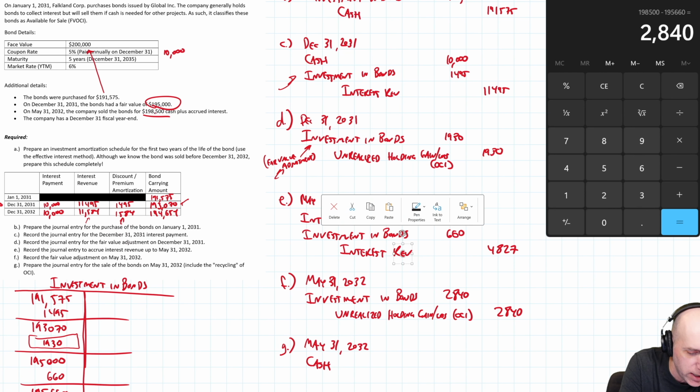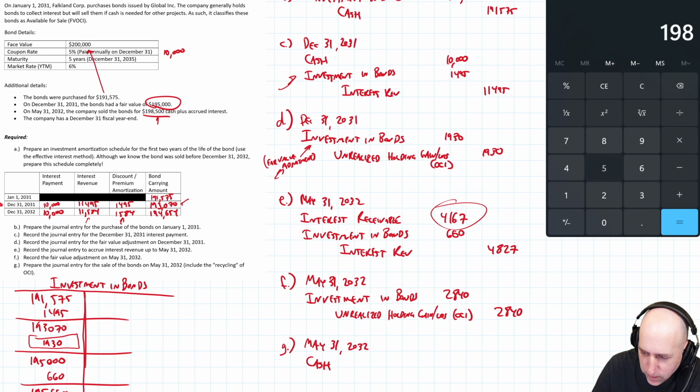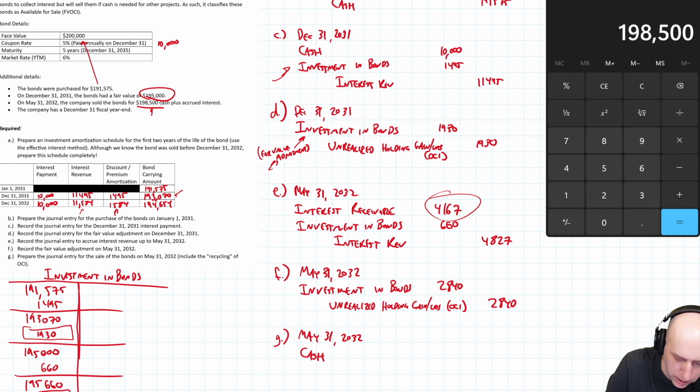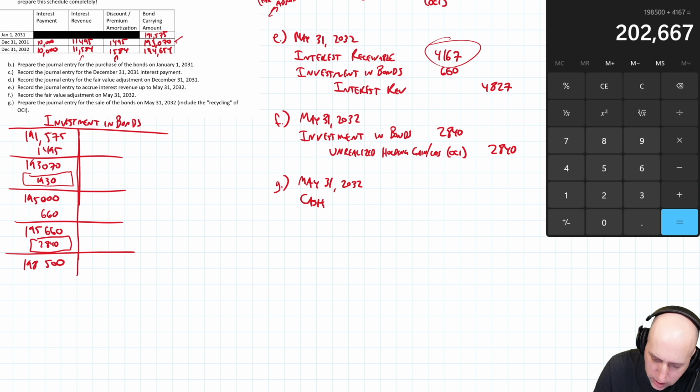I received $198,500 plus accrued interest. And the accrued interest was the interest receivable, $41.67. So I received $198,500, the amount of the bond, plus $41.67. So I got cash of $202,667.